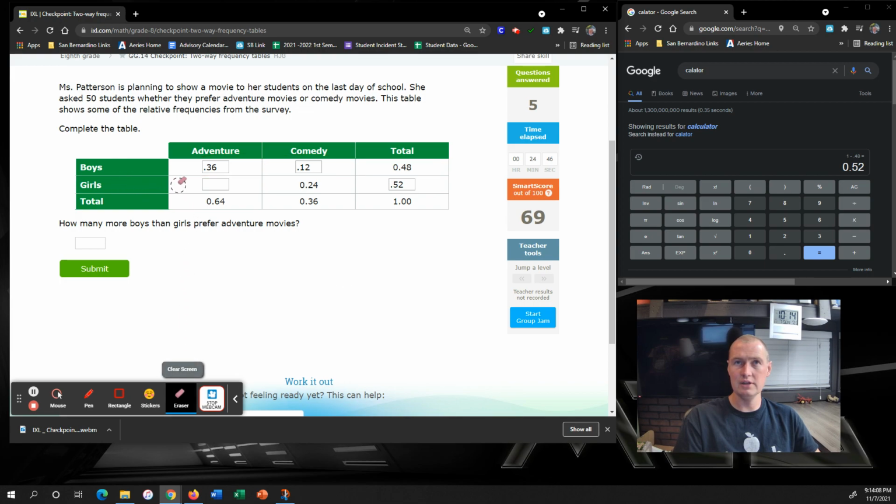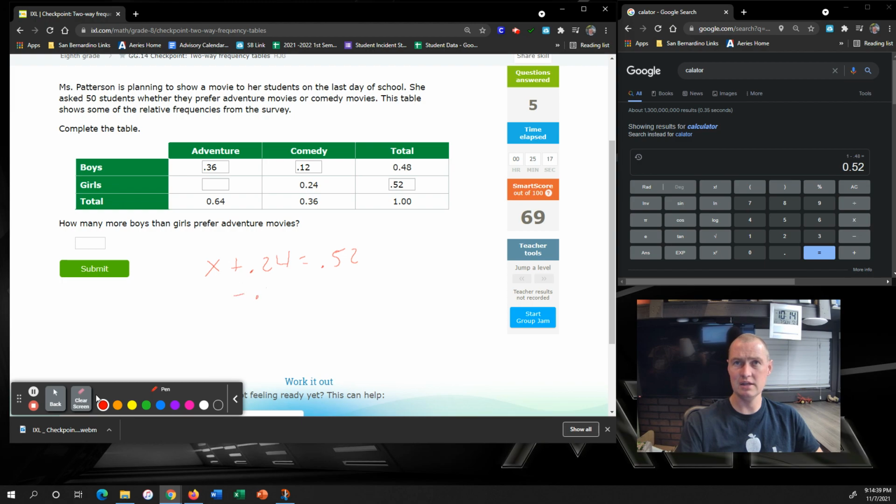Last one, we're going to find out the girls' adventure. You can go either way. You can go up or down, which is your column, or side to side, which is your row. I'll just use the row. X plus 0.24 equals 0.52.